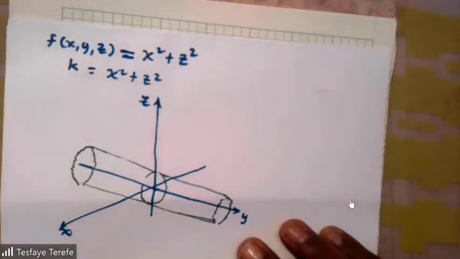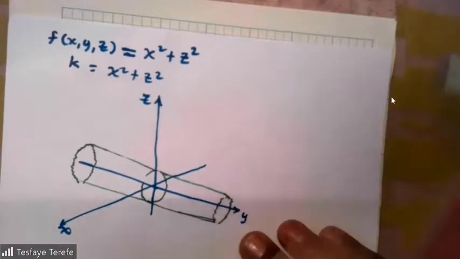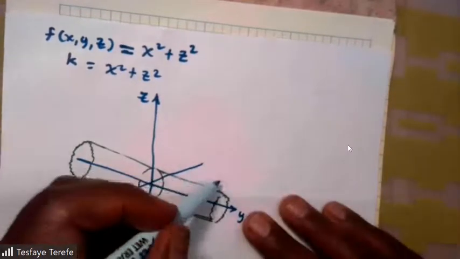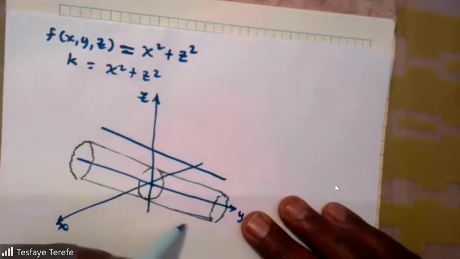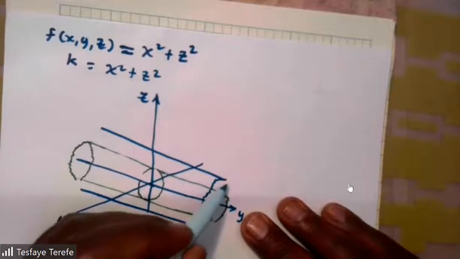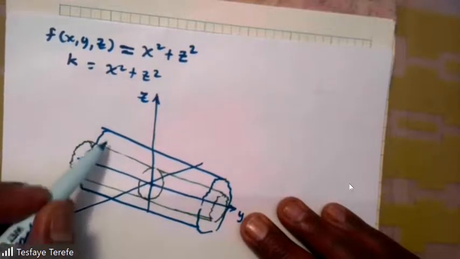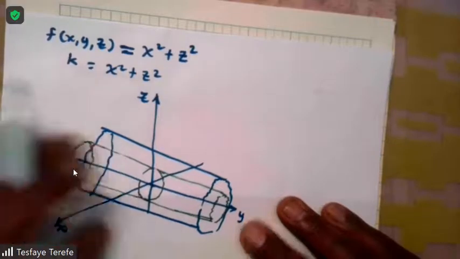That's it. And then by making, for example, k equal to 4, you will have another layer of cylinder, which is really coming this way. I make it a little shorter so you can see it.